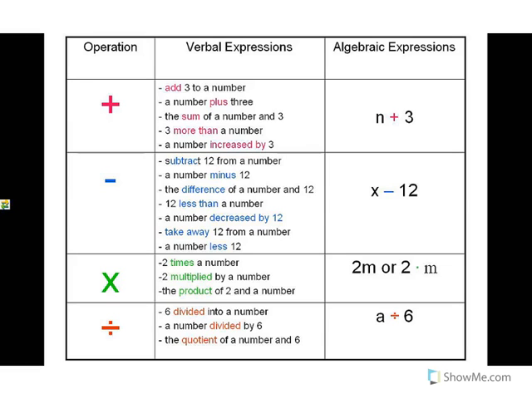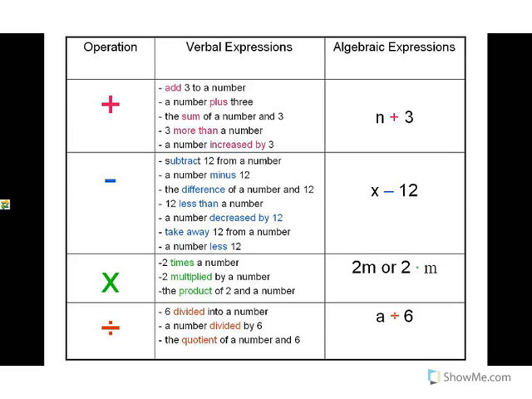Keep in mind when we do that, it's n plus 3. A number plus 3 is read left to right. But the one on top is rearranged, it's backwards. It's n plus 3.